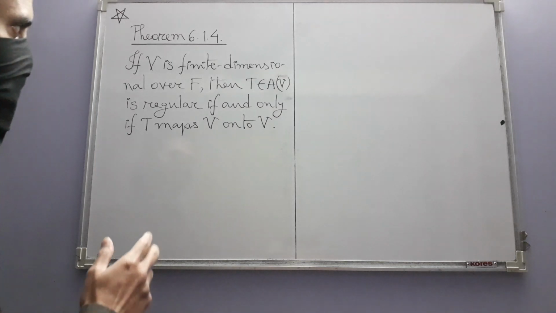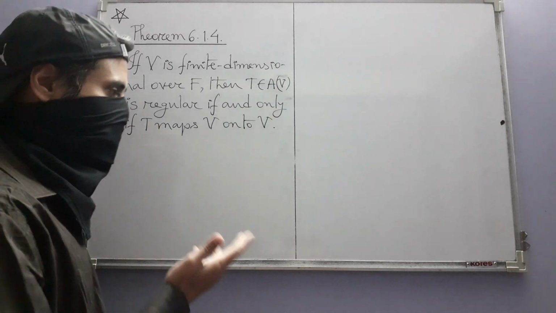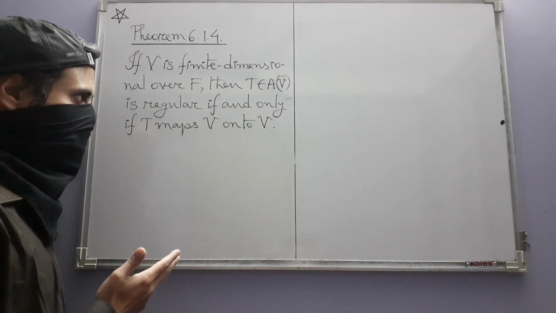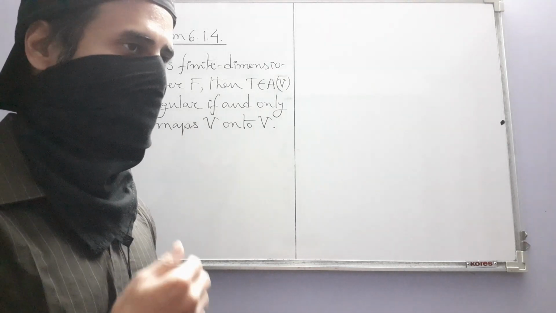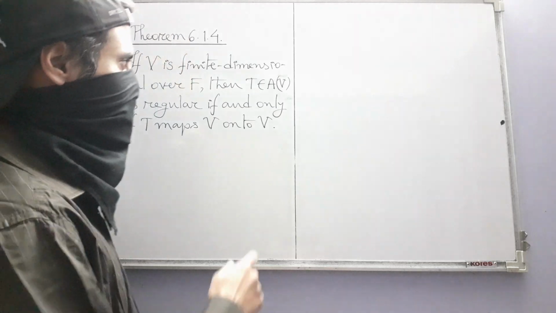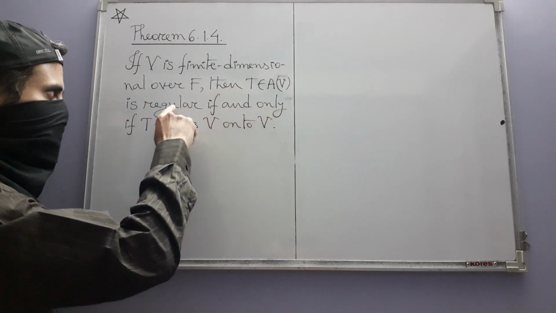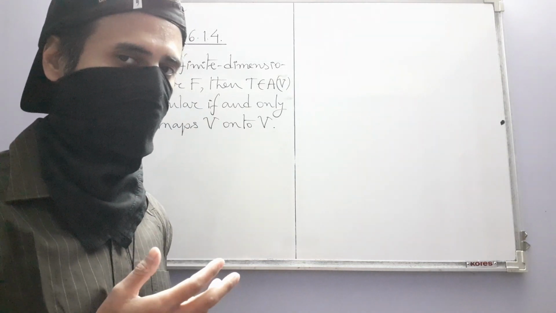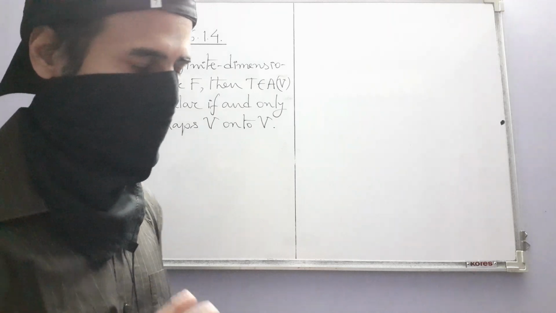So this is the result that we saw in the last video. What it says is that it gives us another equivalent condition for a linear operator to be regular. I say another one because this does not involve the minimal polynomial.